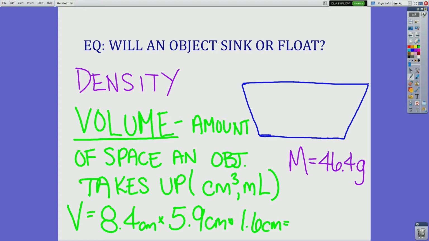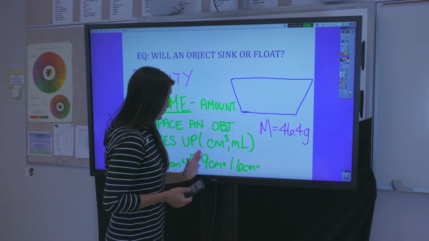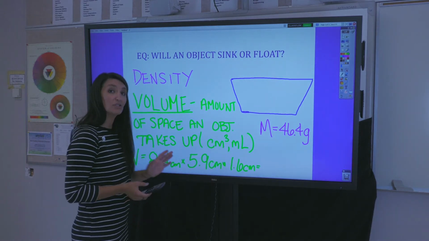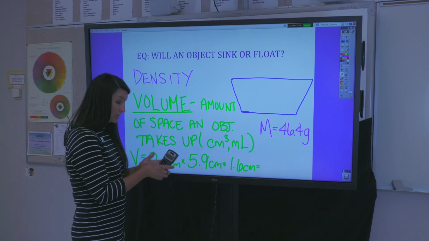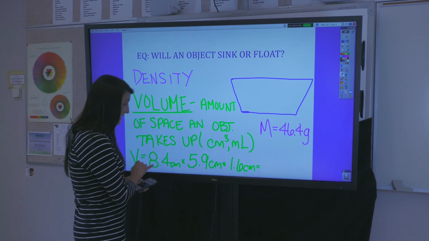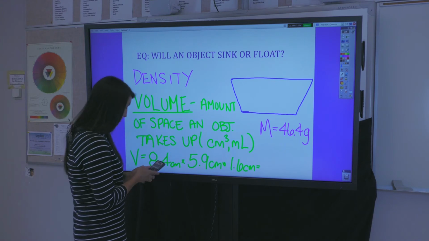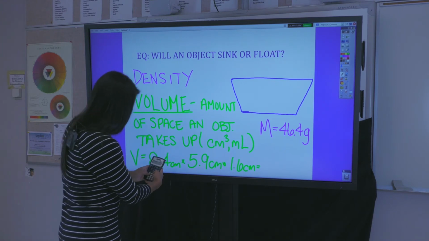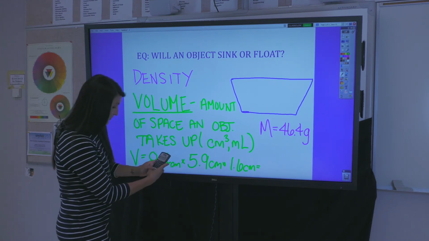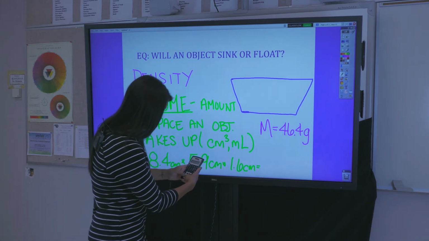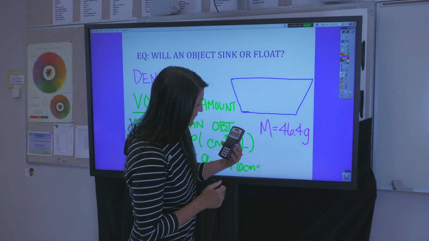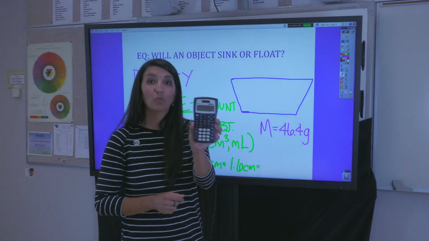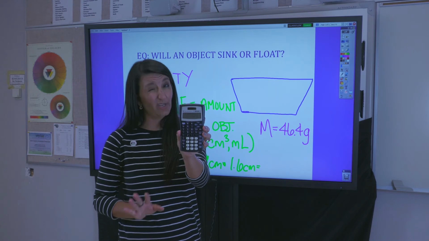And the best part is when we enter these points of data into our calculator, when you're multiplying 3 digits like this, you do not have to do it in any particular order. So you can enter them into your calculator as they appear here, and if you had taken the height first, that would be totally fine. So you want to do your 8.4 times your 5.9 times your 1.6, and you can see here we have a total of 79.296, and we need to round that.